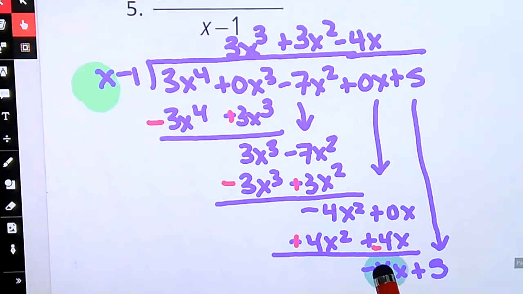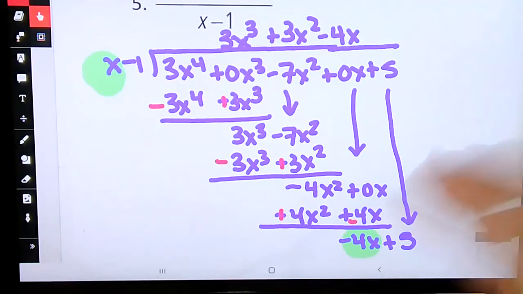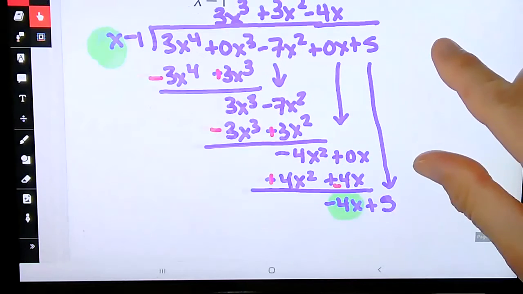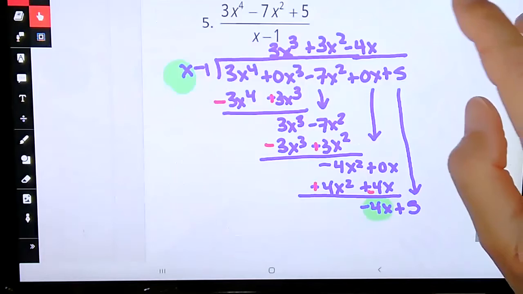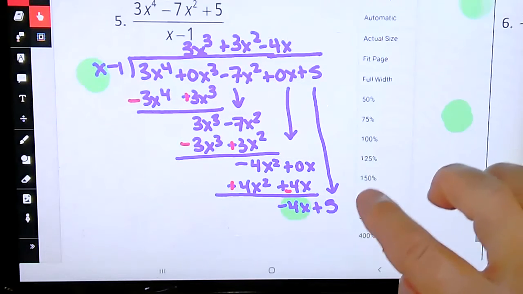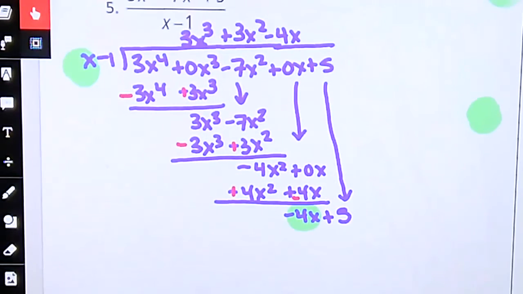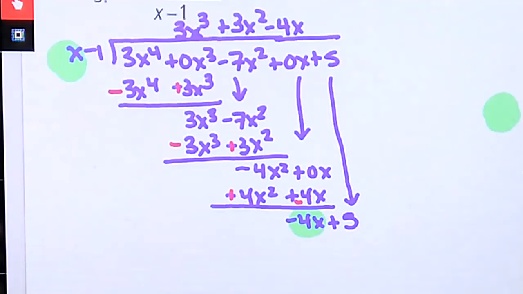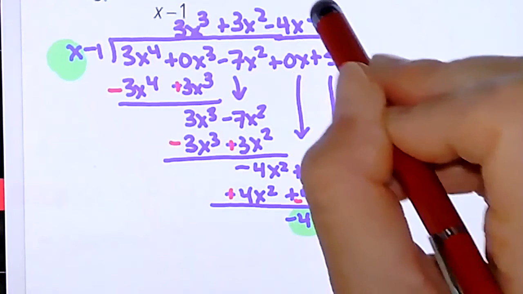So now, again, I'm going to focus on my negative 4x. So x times what gets me a negative 4x? Let me just kind of shrink this out a little bit more. Okay, so now what I'm going to do is x times what gets me a negative 4x, so that's going to be a negative 4.